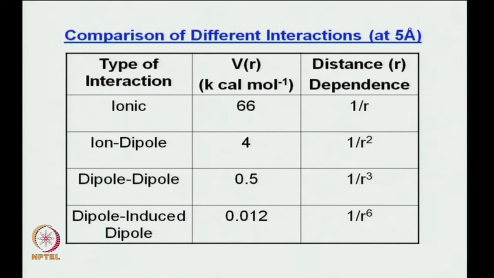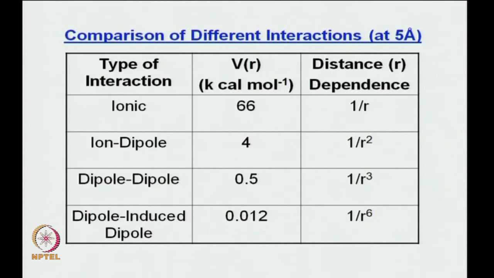As we are going down, not only is your interaction decreasing, but you see the distance dependence. 1 by r is long range. Remember, we had two terms, long range and short range. 1 by r is long range, and then you come to 1 by r squared, then 1 by r cubed. Beyond 1 by r cubed, it essentially becomes short range. This is how you differentiate between long range and short range interactions, and that is how the energies also fall in place.